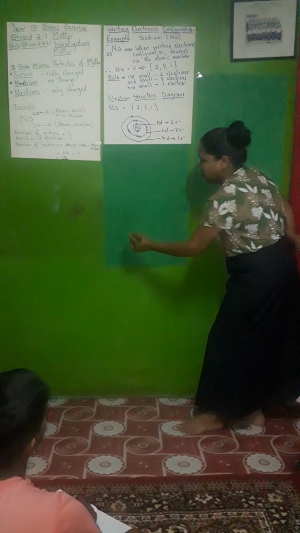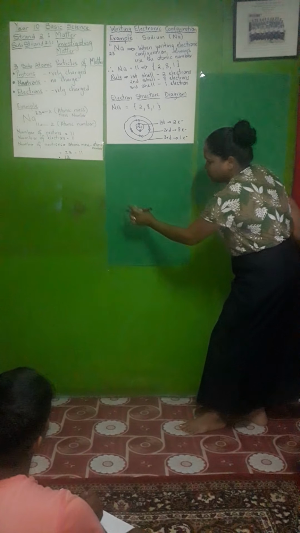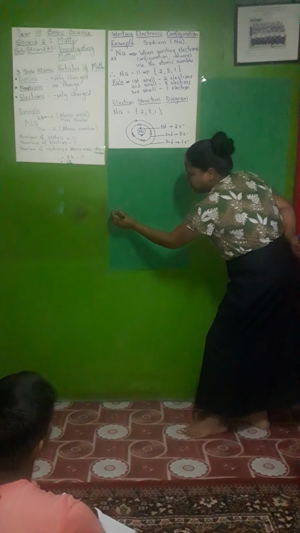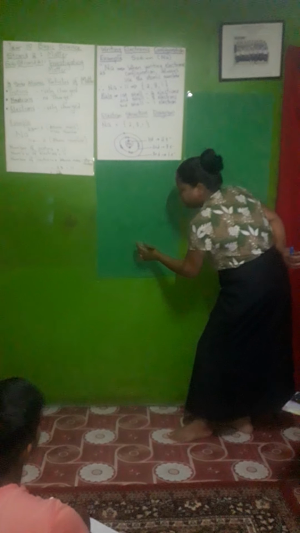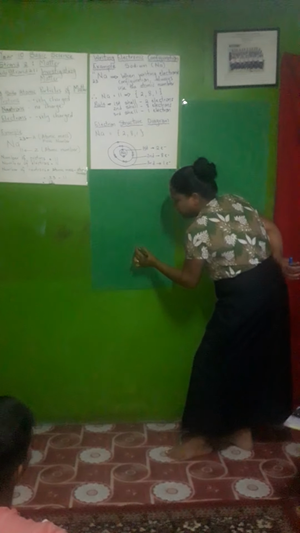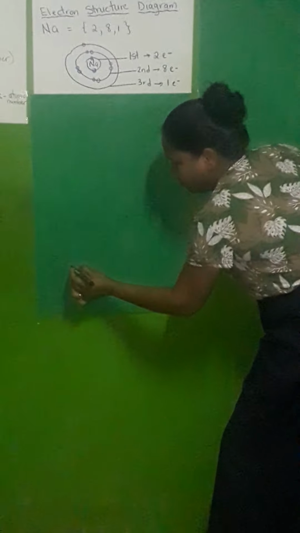In sodium, the atomic mass is the bigger number here, roughly 2 times greater than the atomic number. So here the atomic mass is 23 minus your atomic number, that is 11, which will give you your number of neutrons, that is equal to 12. Okay? Very good.